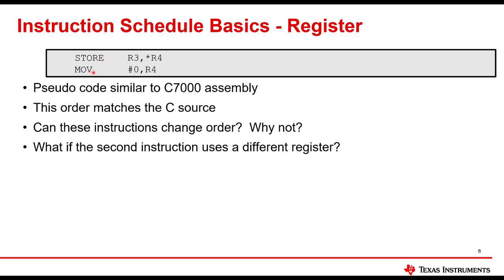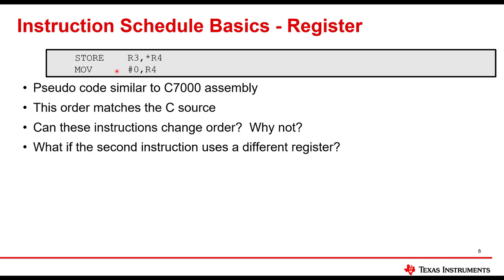The order of these two instructions matches what occurs in the original C source code. And the question we need to consider right now, and this is just a theoretical exercise for the moment: can you write these instructions in the other order? And if you do, will they compute the same result?